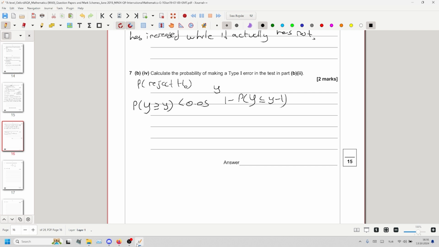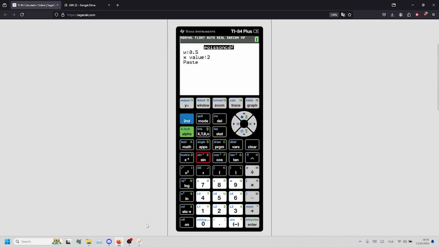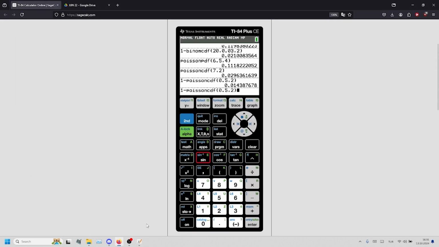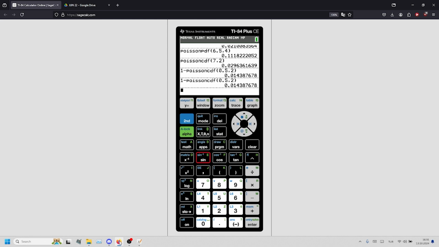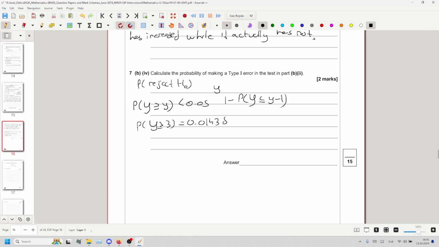To test 3, we would have to have x value 2. There you go. So that's 0.0143. So the probability that y is greater than or equal to 3 is 0.0143. So this is indeed less than 0.05, so this is in fact in the critical region.